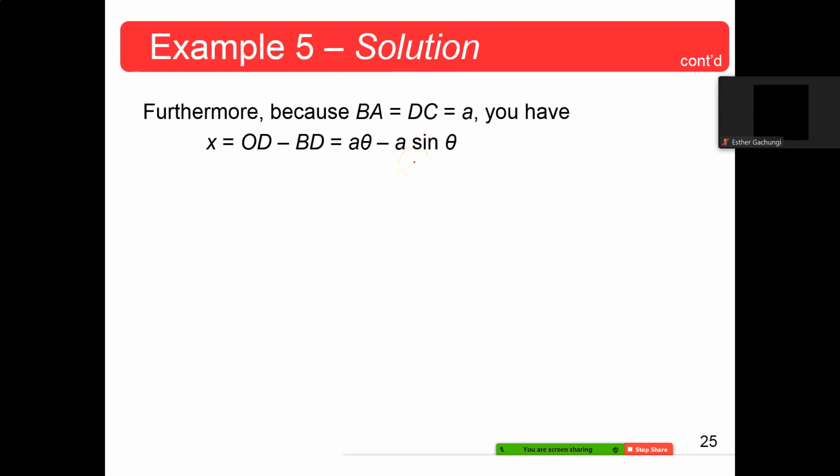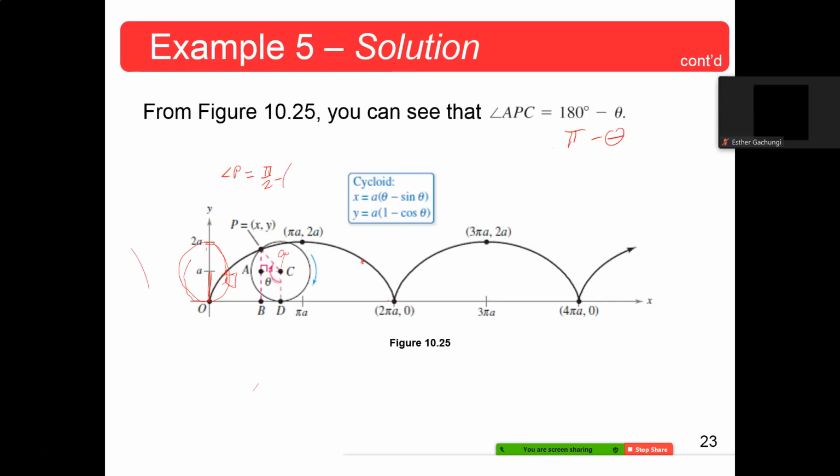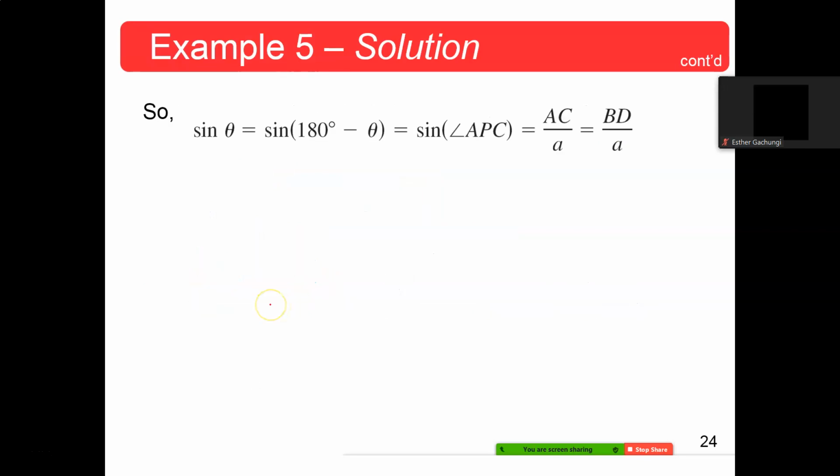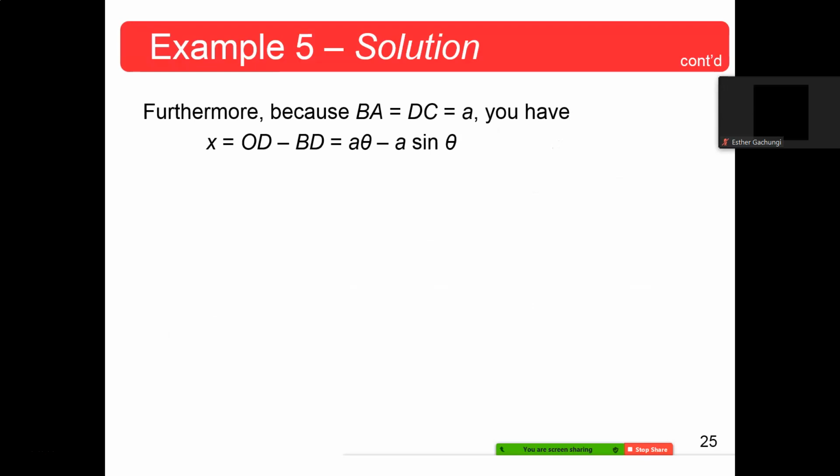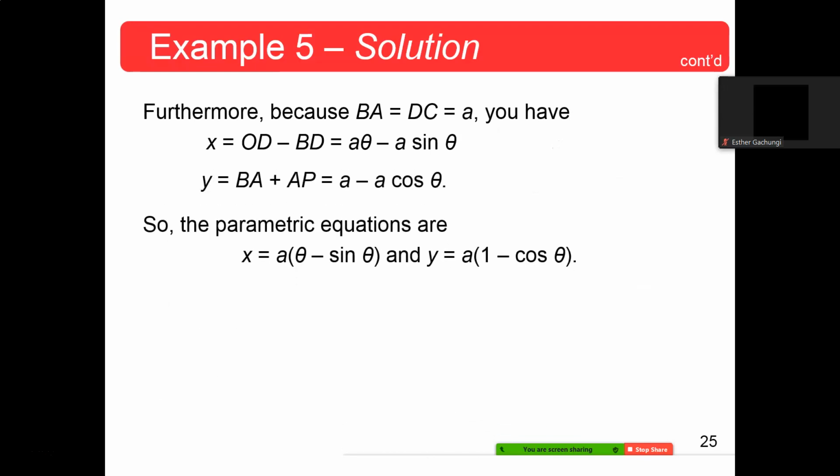Okay, so basically, let's go back and see that. You go out to here and then subtract that off of it. So that's what you were just doing there, OD minus BD. That's the arc A theta minus BD, which was A sine theta.